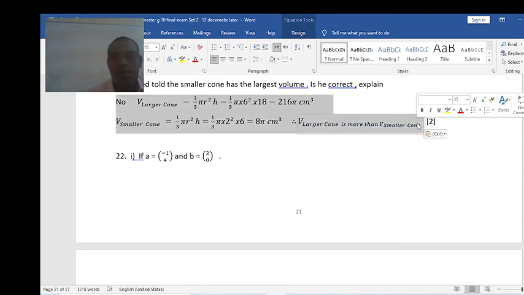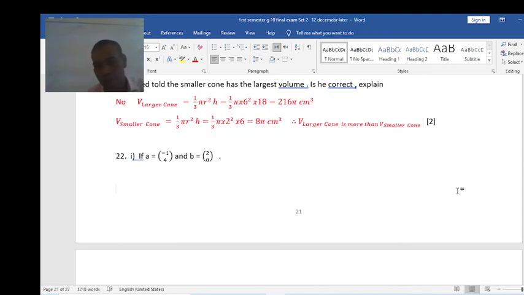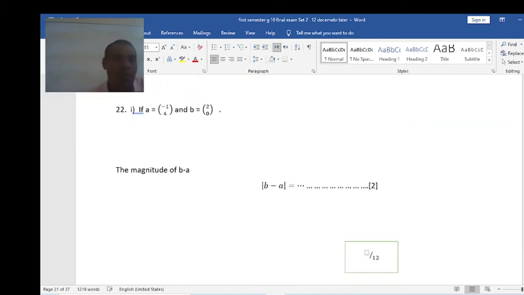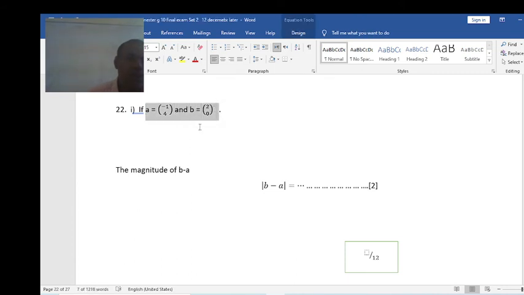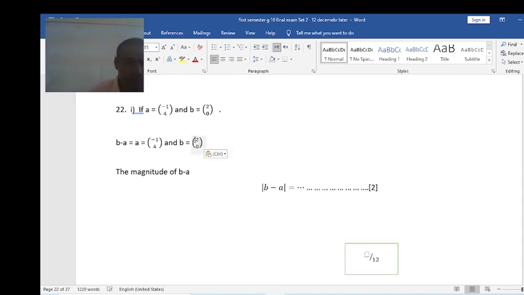So the next learns, we already practiced at home, practiced in the classroom. So now find the magnitude of b minus a. It's very easy. Okay. Here I will make b minus a equal what? I will just erase this one.